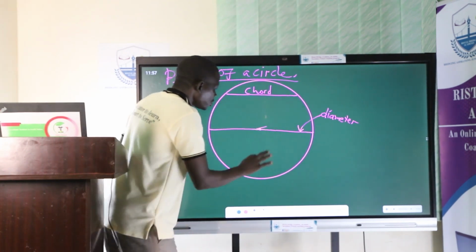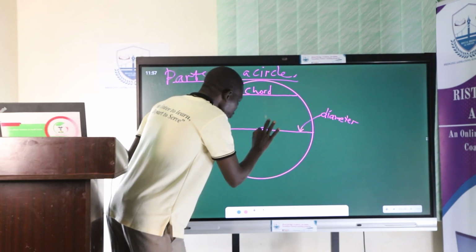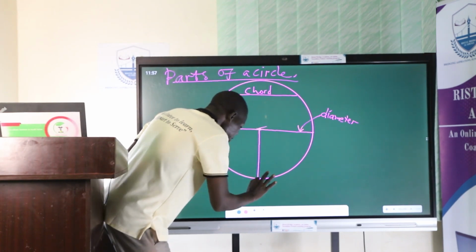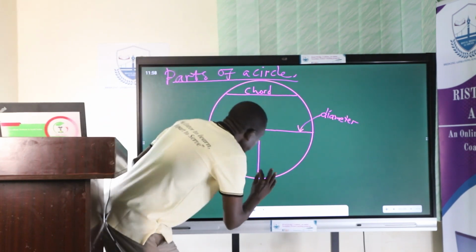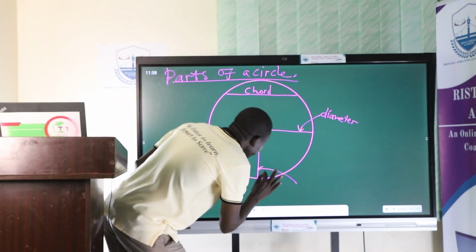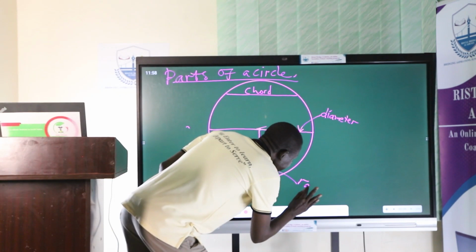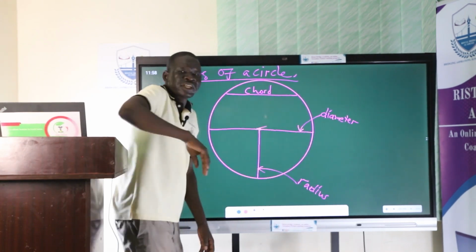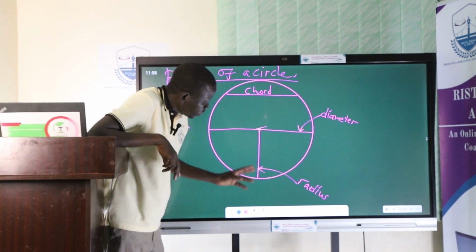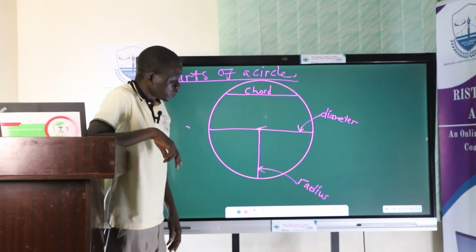Also, a line now drawn from the center of the circle to the circumference is what is referred to as the radius. The radius is a half of the diameter. So this is what we call the radius.